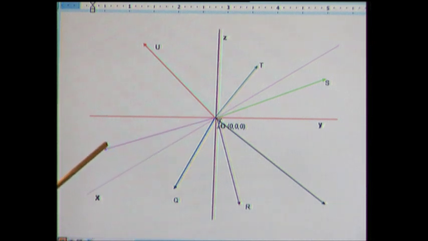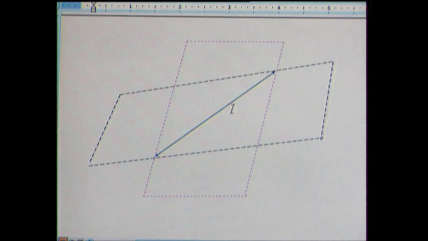The position vector of P will be something like x1 i bar plus y1 j bar plus z1 k bar.